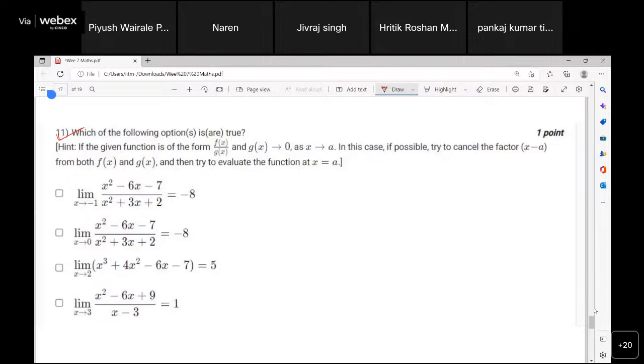In this question, for the first option I am calculating, but getting 0 by 0 all the time. It is an indeterminate form, right? If we put -1 here, we get 1 + 7 - 8 in the numerator, that is 0, and in the denominator it is 0 as well. It is a 0 by 0 form.